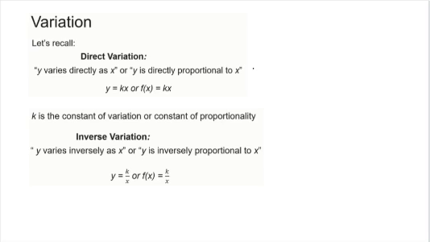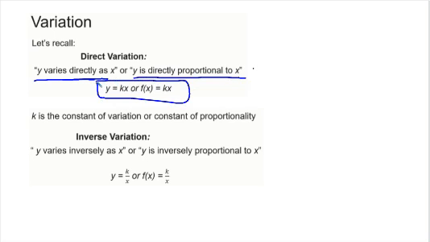So let's review real quick variation. Let's recall direct variation, which we did in pre-calculus. Direct variation, y varies directly as x, or y is directly proportional to x, always turns into y equals kx, or f of x equals kx.